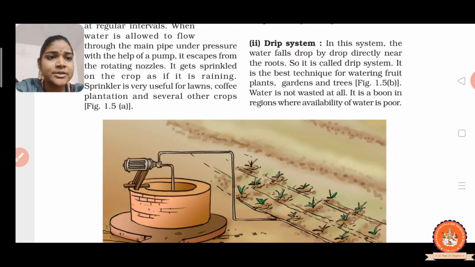So it is called the drip system, right? It is the best technique for watering fruit plants, gardens, and trees. Now let us see how the sprinkler system and drip irrigation system work.